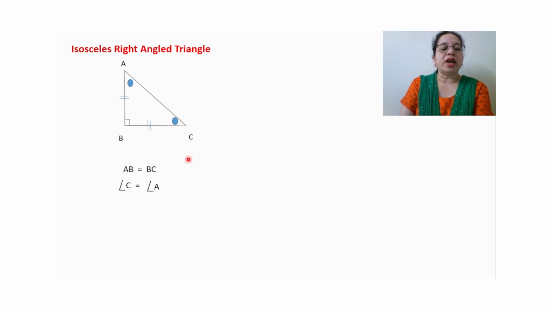Angle A. So angle C is equal to angle A. Angle B is 90 degrees, so angle C and angle A will be equal in measure. The measure of each of these angles will be 45 degrees. So in an isosceles right angled triangle, one angle is 90 degrees and the other two angles are equal, and the measure will be 45 degrees.